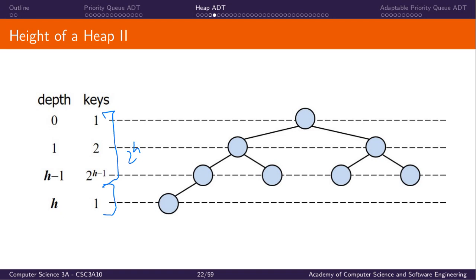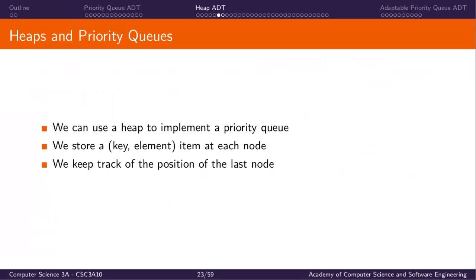All right, and that tells us that n is at least that. We solve for h, we end up with h less than or equal to log n. All right, so the height is then order log n. In our worst case, it is log n.